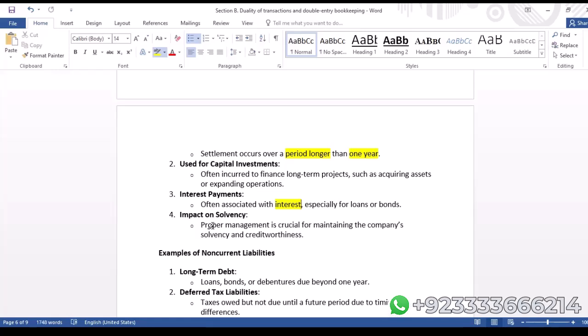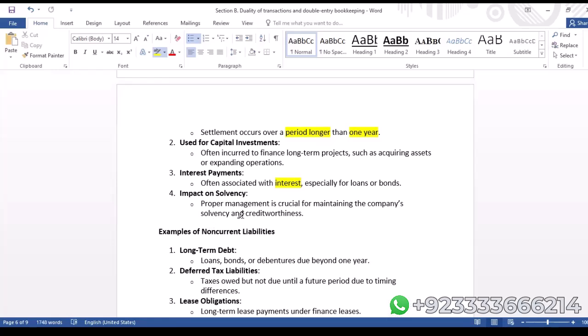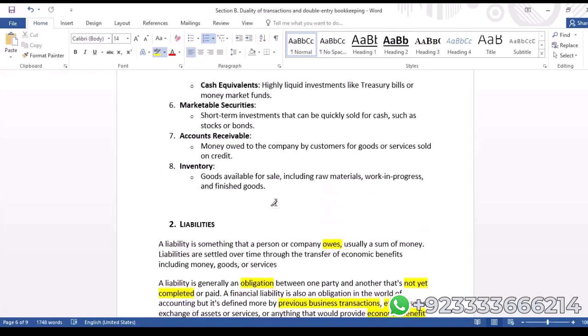Now, impact on solvency. Proper management is crucial for maintaining the company's solvency and creditworthiness. Now, what is solvency? You know what liquidity is. Liquidity is the ability to convert our business into cash instantly. Now, if we are not able to convert our business into cash, which means we are not able to fund our current business activities.